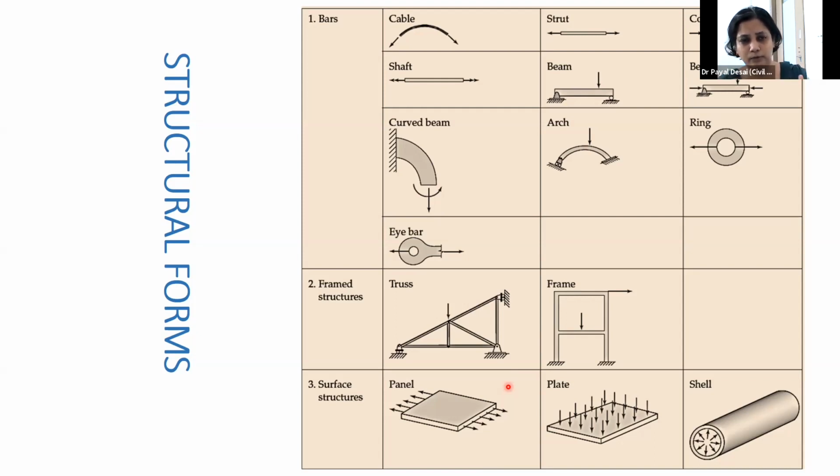All of you have seen building walls, which carry axial loads. And there is a type of structure where two dimensions are larger, but they are analyzed and designed to carry transverse loading, that is, bending, and we call it a plate.